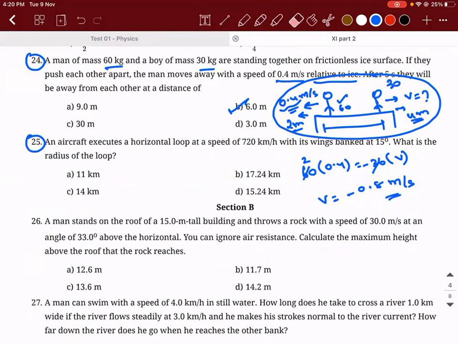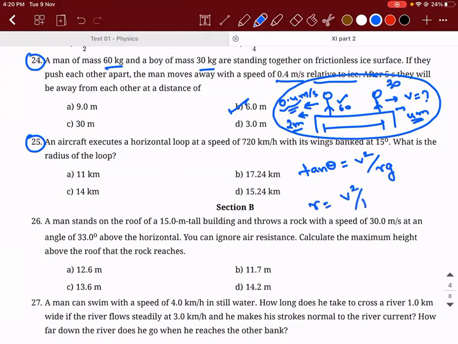So what is the formula, guys, in the first place? Tan theta is equal to V square divided by R into G. So R is equal to V square divided by G tan theta. So V square is 720 into 5 divided by 18.